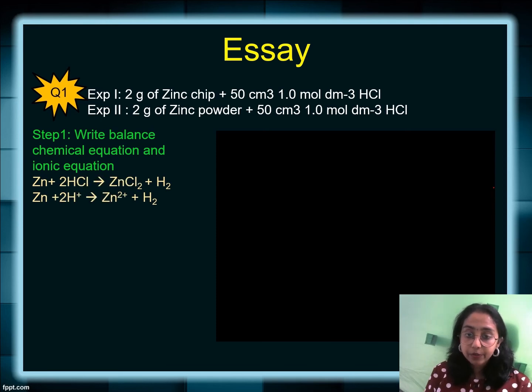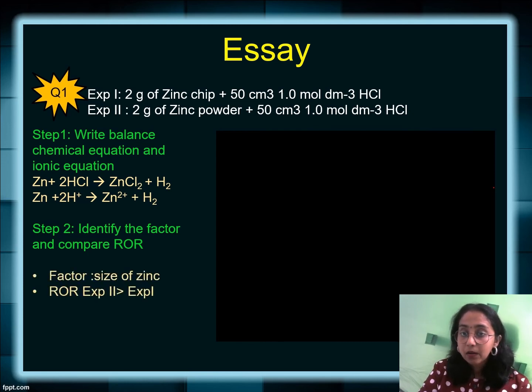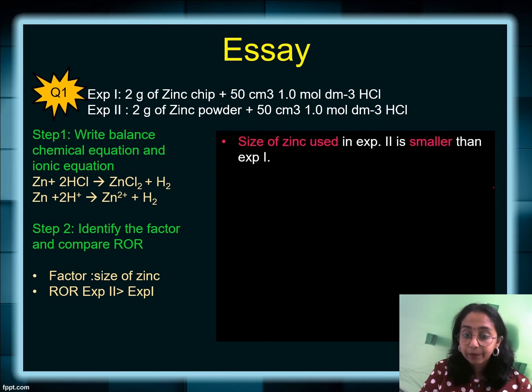The purpose of writing a balanced chemical equation and ionic equation is so that you can see the reacting particles clearly, easy for you to name it. Step 2, identify the rate of reactions and compare it. So here, as I taught you previously, they use zinc chip and zinc powder, so the factor is size. So based on size, experiment 2 will have a higher rate of reaction compared to experiment 1.